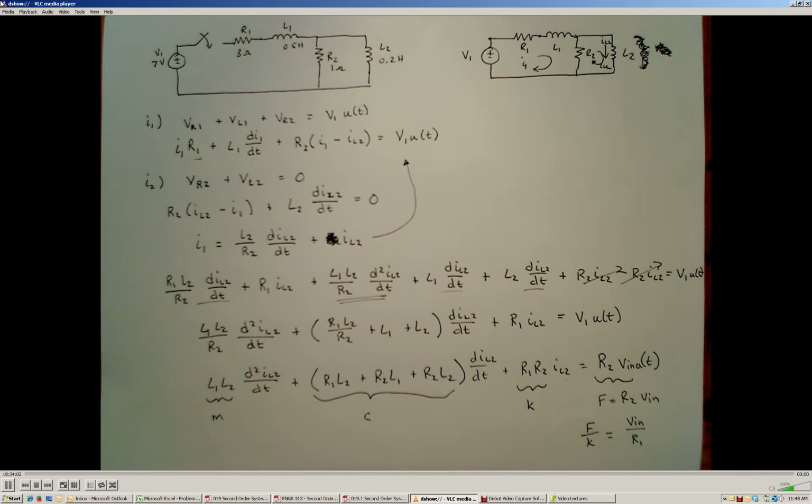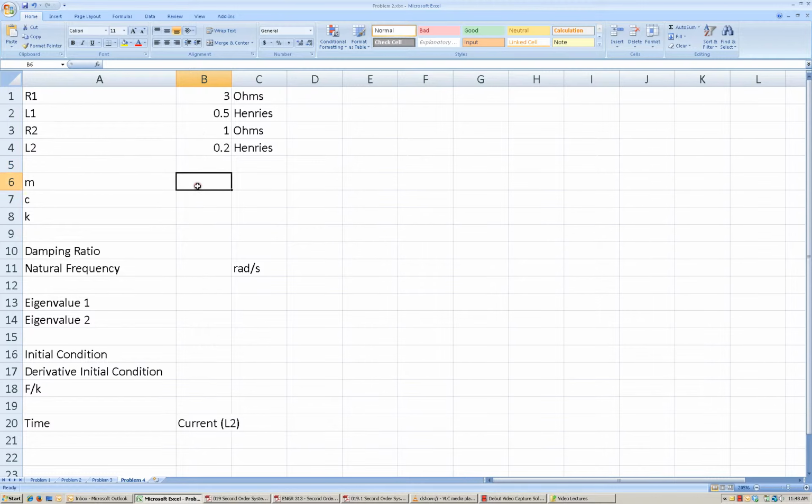All right, now from that, I can go and determine what my damping ratio is for this system. So I will pull up my Excel spreadsheet here, and because these terms are somewhat complicated, I'm going to do it in intermediate steps. I'm first going to determine my inertia term, which is the product of inductor 1 and inductor 2.